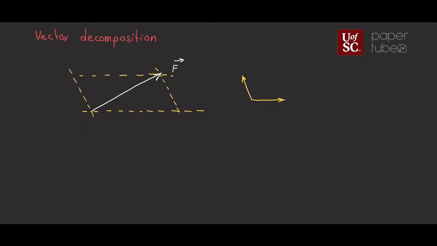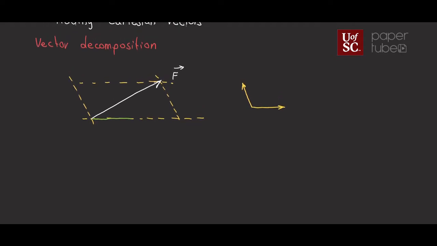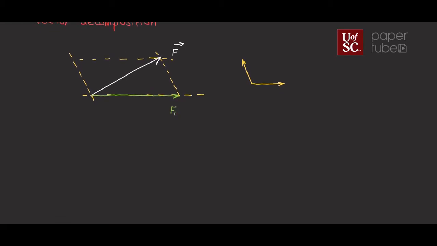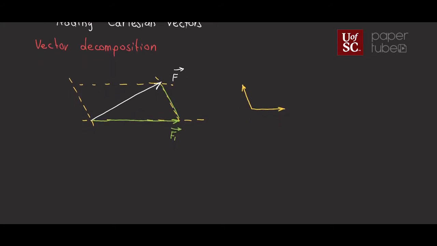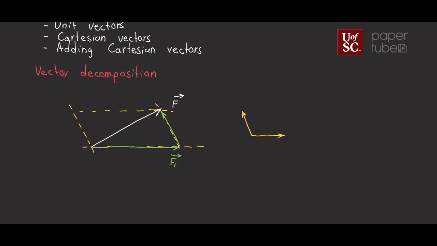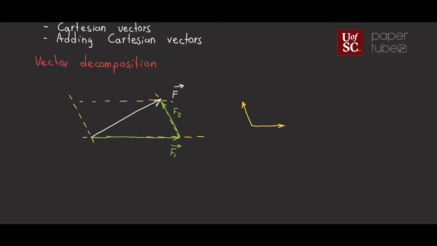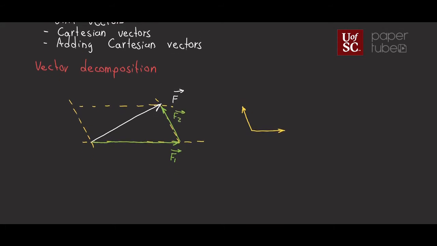And now I can take this vector F and express it in terms of two other vectors. How do I do that? Using the idea of heads to tails that we've seen in other videos. So I can have this vector, let's call this F1, and I can have this other vector F2 that is right there.